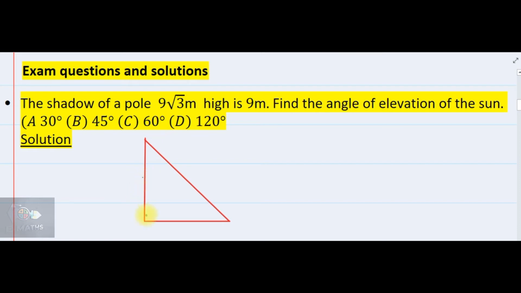They say the shadow of a pole 9√3, so the length of the pole is 9√3 and the shadow is 9.